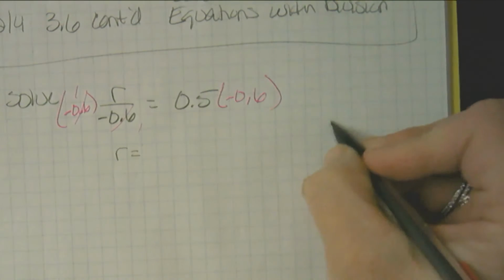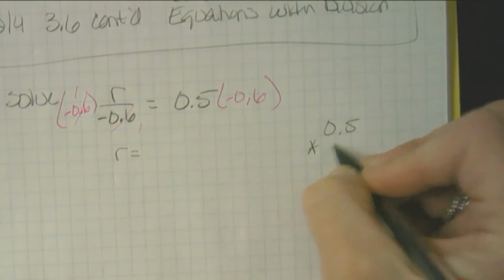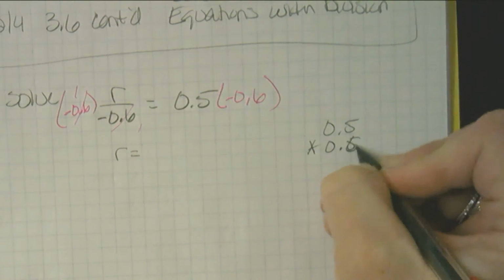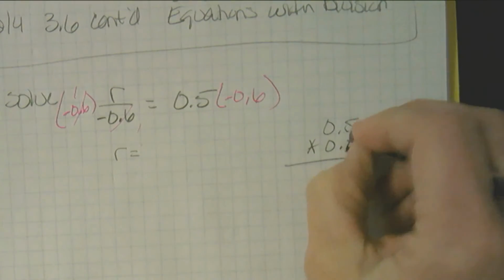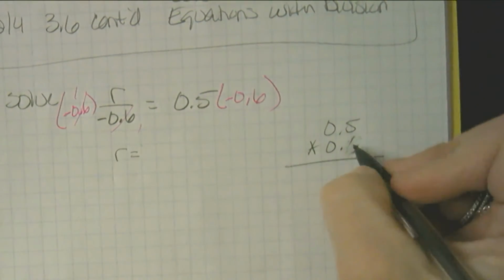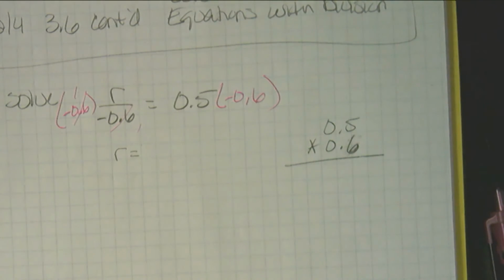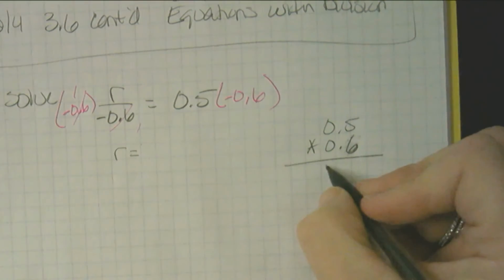Now off to the side, you are all doing 0.5 times 0.6. All of you do that, please. So 5 times 6 is 30.